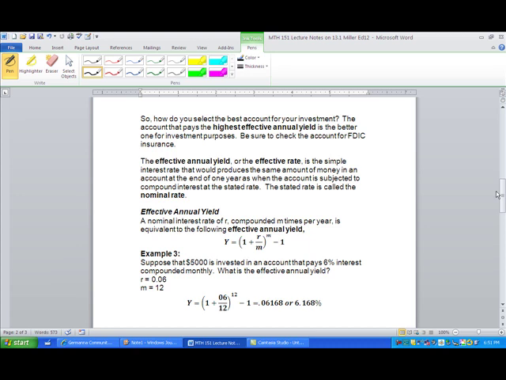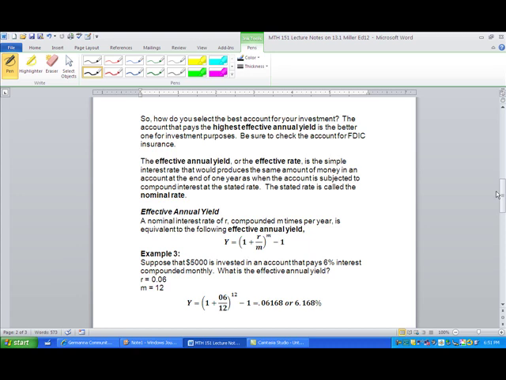So the effective annual yield, or the effective rate, is the simple interest rate that would produce the same amount of money in an account at the end of 1 year, when the account is subject to compound interest at the stated rate. And the stated rate, just for your information, is sometimes called the nominal rate.